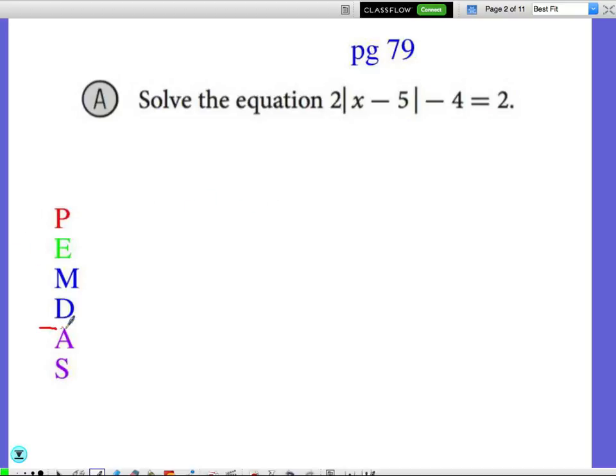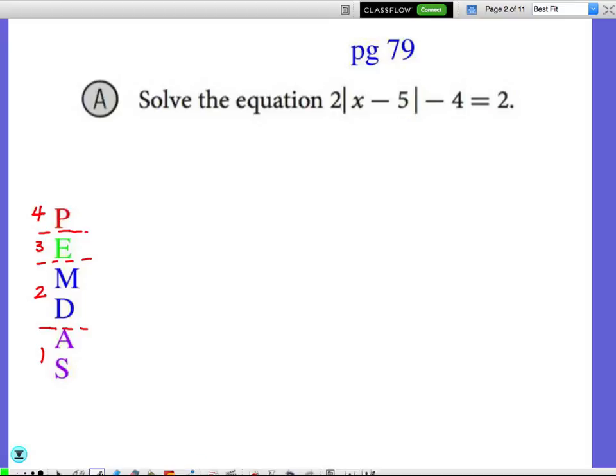Now we're going all the way back to reverse PEMDAS in order to guide us on how to solve this absolute value function. So remember, our first level was addition or subtraction. Second level was multiplication or division. Third level was exponents, and finally the last level was parentheses.